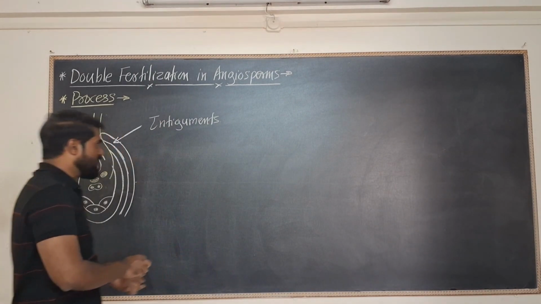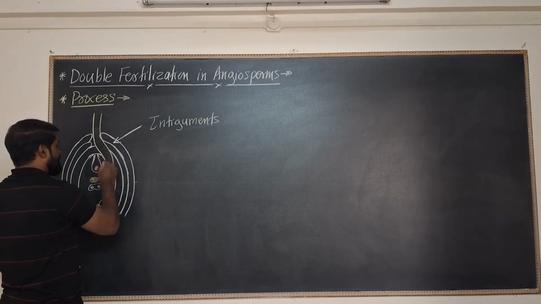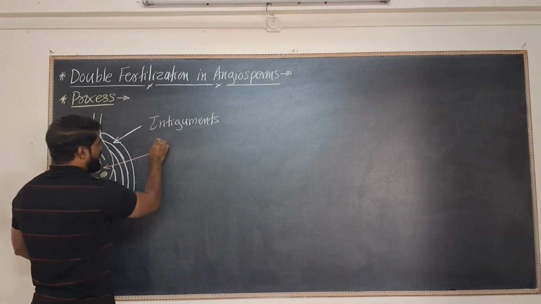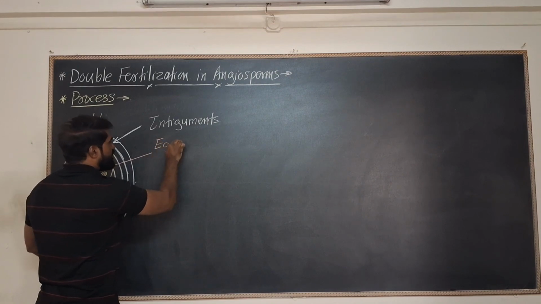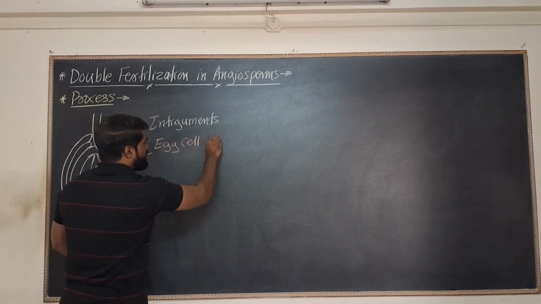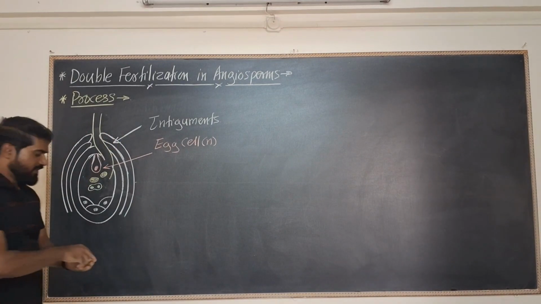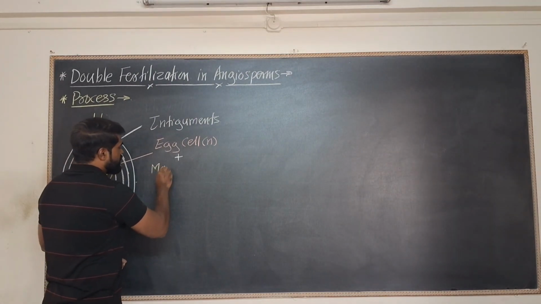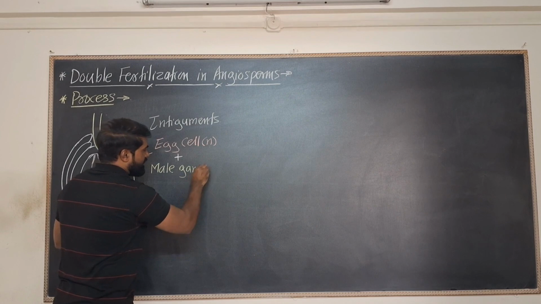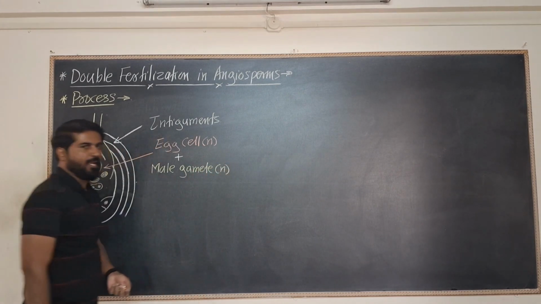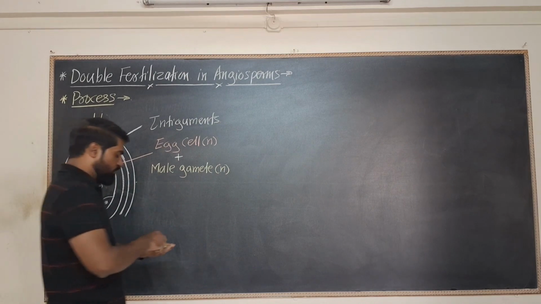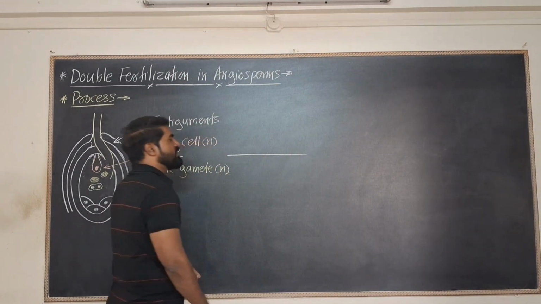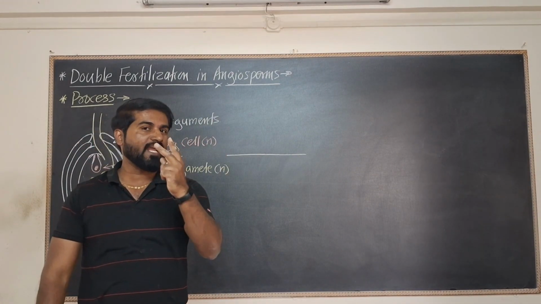Okay, now let's go into the process. One of the male gametes gets united with the egg cell. Remember that egg cell is the haploid structure. The egg cell gets united with first male gamete. Male gamete is also haploid structure. Now the union of male and female gamete, we already know that the process is called as fertilization, but here the fertilization is taking place two times.